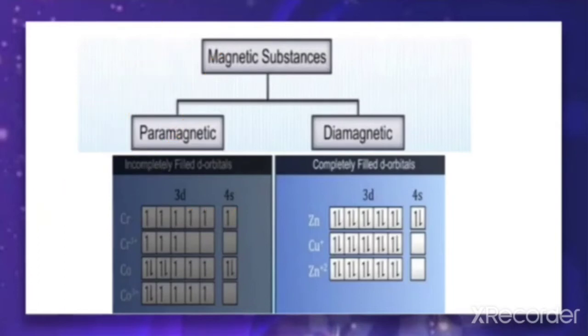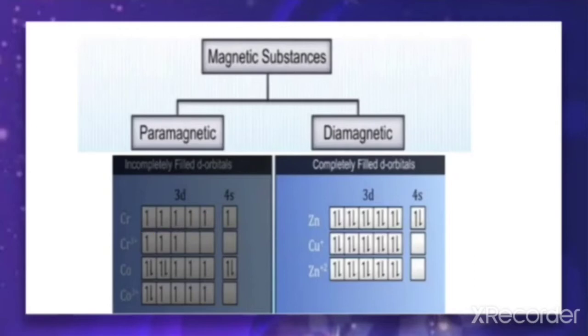But in the case of Cr3+, we can see now 3 unpaired electrons are present, so it is also paramagnetic, but it is less paramagnetic compared to Cr, because in Cr there are 6 unpaired electrons, but in Cr3+ there are only 3 unpaired electrons.